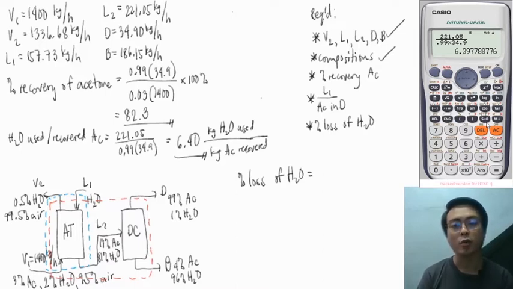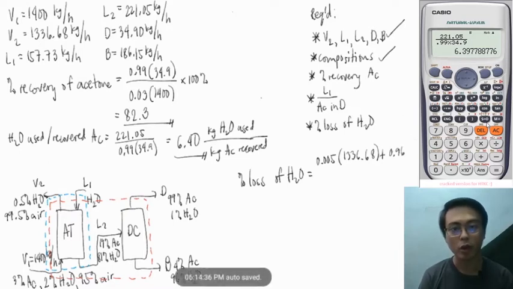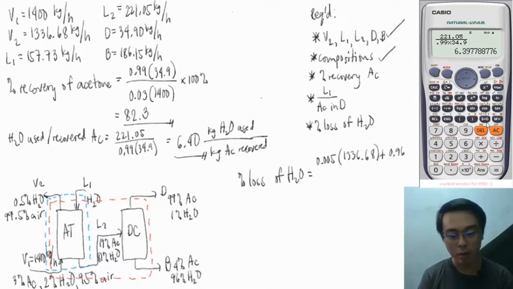Your denominator would be how much water was entered into the process. So for the numerator, 0.5% of V2, V2 is 1336.68, plus 96% of water, 96% of bottoms. Bottoms is 186.15.